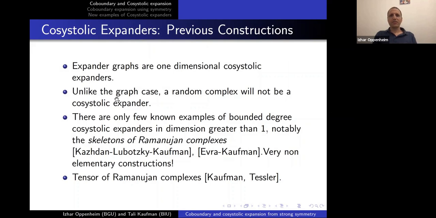They do not give you bounded degree cosystolic expansion. And known examples, as I said earlier, require a little heavy-duty machinery. You need the theory of Ramanujan complexes and so on, and that's non-elementary. And as I said earlier, this lecture is about how we prove that a construction we had, which is already elementary, gives you cosystolic expansion.